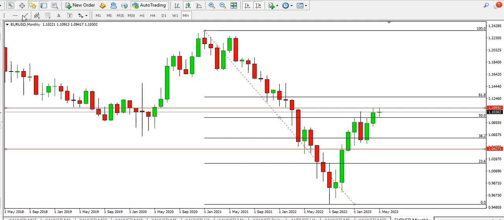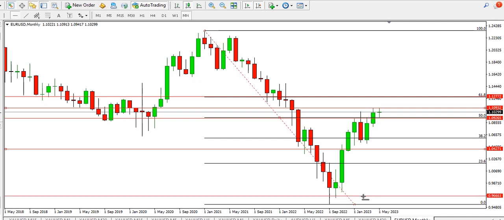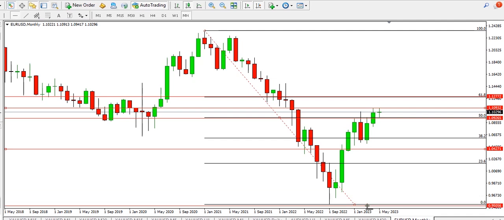Then your take profit will be either the 50% Fibonacci level or the 61.8% Fibonacci level. Of course, your stop loss could be at the 0% Fibonacci level. So that's how you can easily enter a trade using Fibonacci tools.